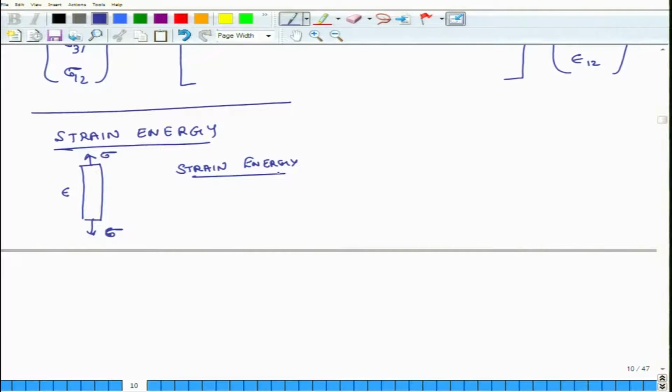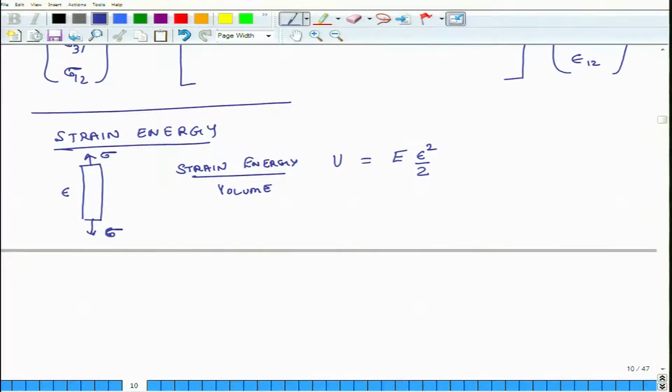Please go back and check your books. Let us call the strain energy U, and this is strain energy per unit volume. It is equal to the Young's modulus times epsilon squared by 2. This is the strain energy in the body per unit volume for a body which is pulled in one direction only.